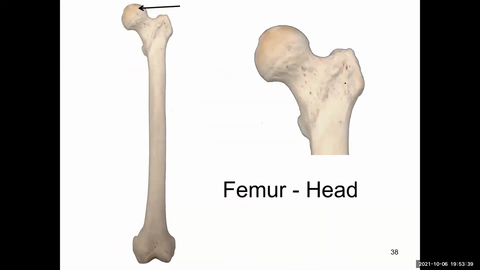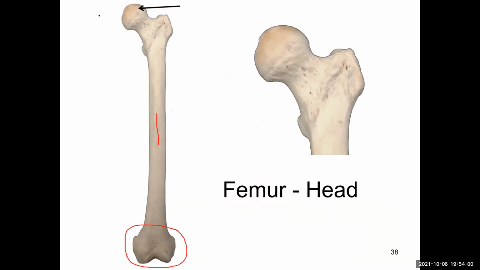Now, one thing that I want to show you, okay, this view here of the femur is the anterior view. This is the anterior surface of the femur. And how I know that is, if I go down to the distal epiphysis, you can't see the condyles very well. I'll show you the condyles here in a second.